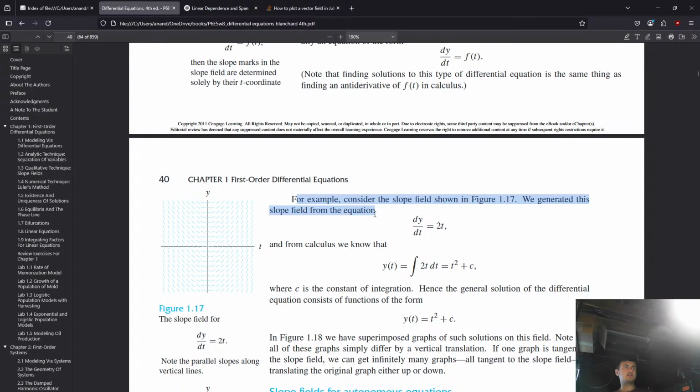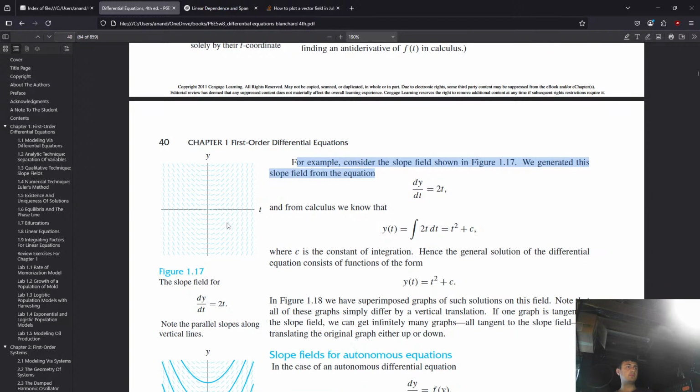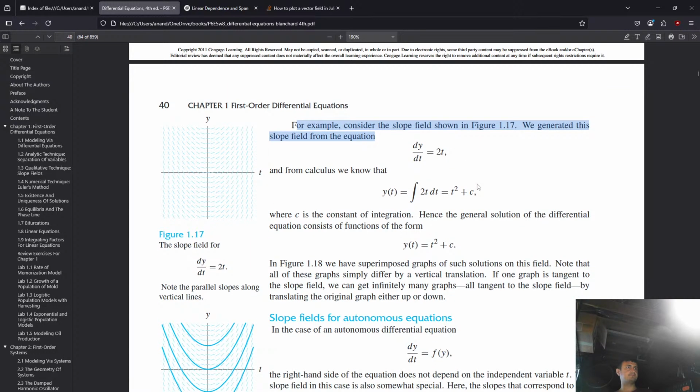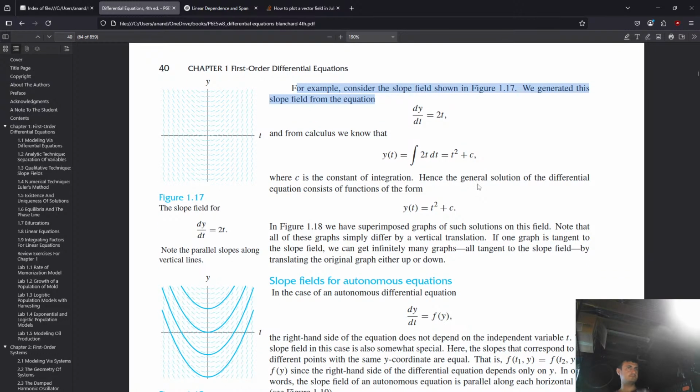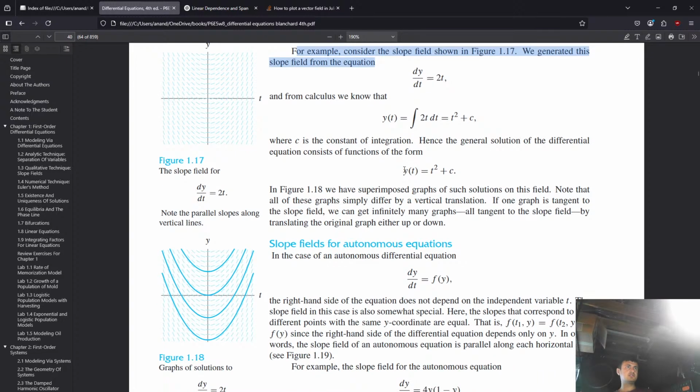For example, consider the slope field shown in figure 1.17. Y dot equals 2t. Alright, that's a general solution.